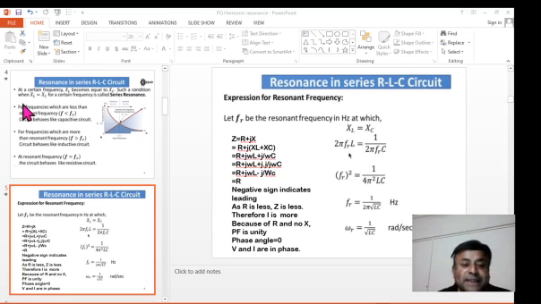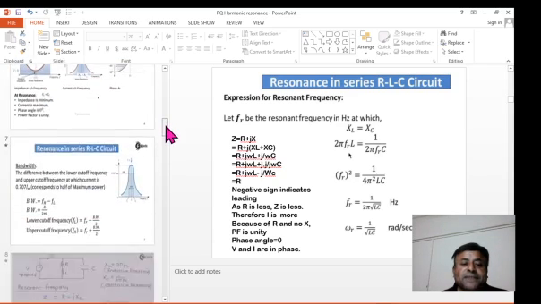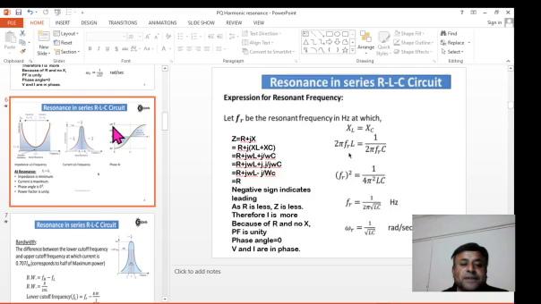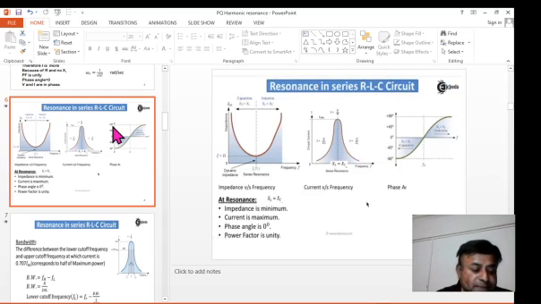Even the design of filters depends on the concept of resonance, series and parallel. So at resonance, as I told you, impedance is minimum, current is maximum, and the phase angle is 0. Power factor is unity.